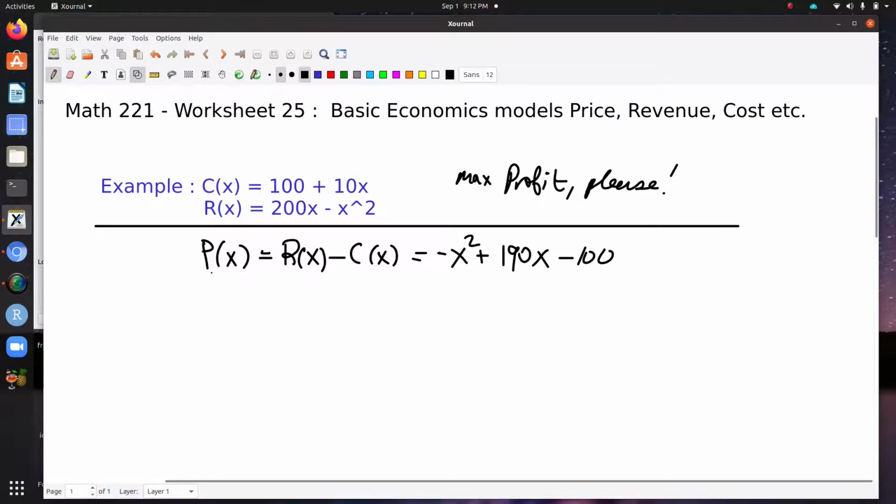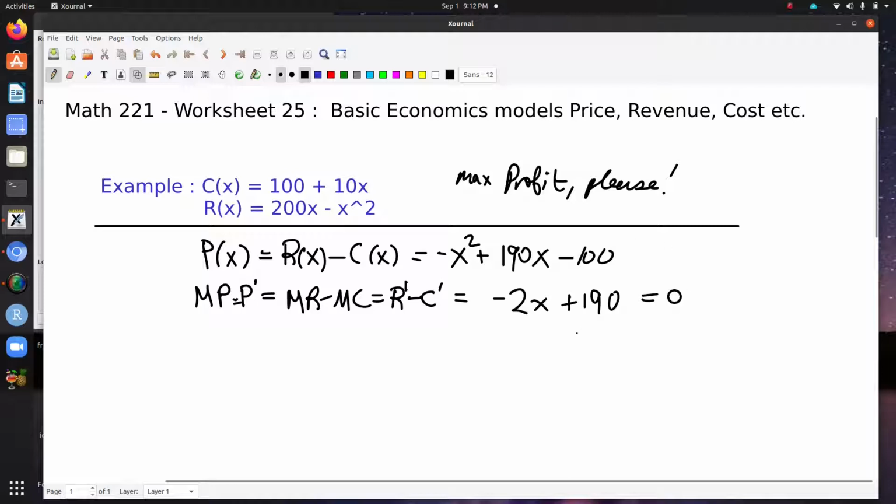So let's go ahead and take the derivative. We often say MP, meaning P prime. Marginal profit is marginal revenue minus marginal cost. Well, marginal revenue is just R prime, and marginal cost is C prime. Those are all different ways of saying the same thing. So you just take the derivative, set it equal to 0, and solve for x.